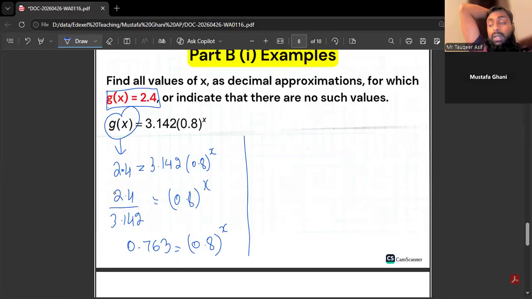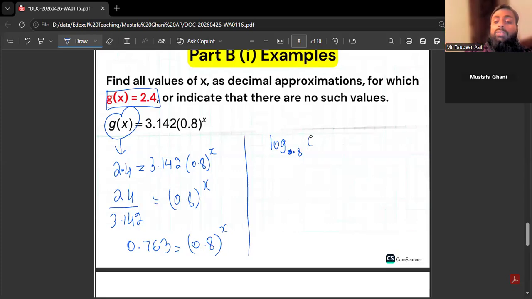Are we supposed to apply the log? Yes. The base is there, the argument is there, the value is there, right? So can I write it in this way: log, and the base should be 0.8. Is this clear?